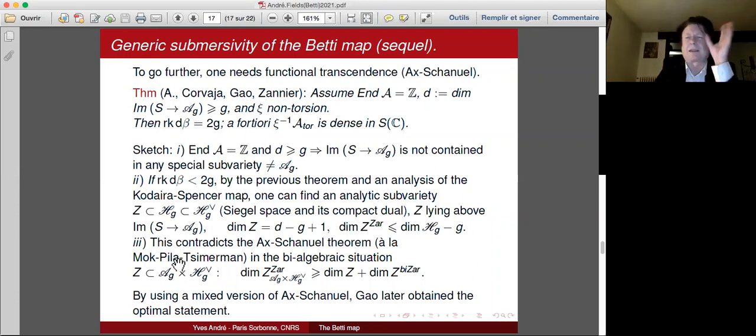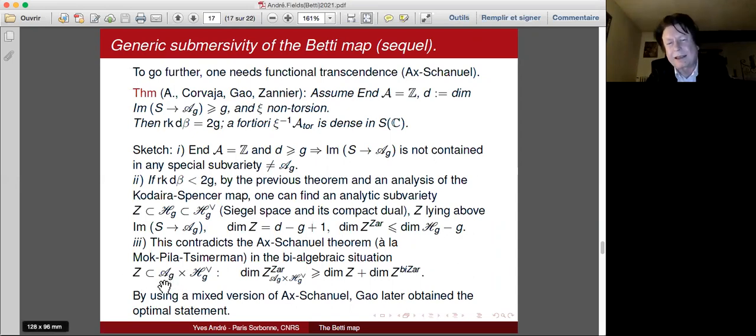But then the third part of the proof is that this assumption contradicts the Ax-Schanuel theorem, as demonstrated by Mok-Pila-Tsimerman in the hyperbolic bi-algebraic situation. This Ax-Schanuel theorem is an inequality between some dimensions. So one has Z. This is a bi-algebraic situation.